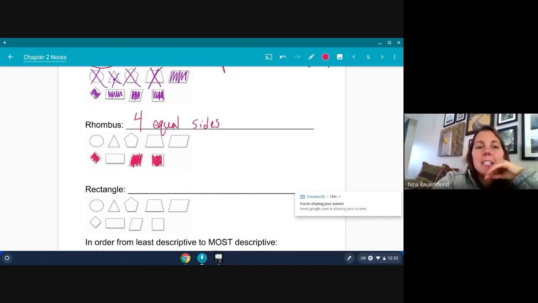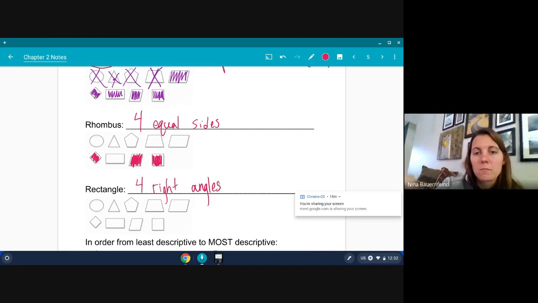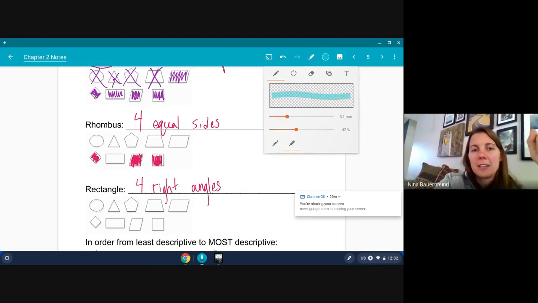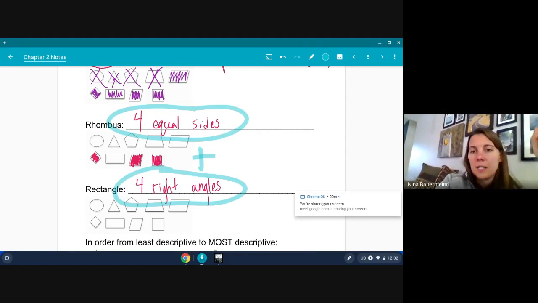And then last is a rectangle. The actual definition of a rectangle is 4 right angles. Really quick, do you notice that this plus this equals a square? 4 equal sides and 4 right angles.